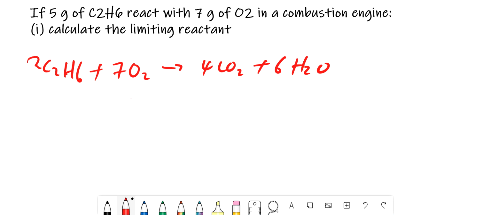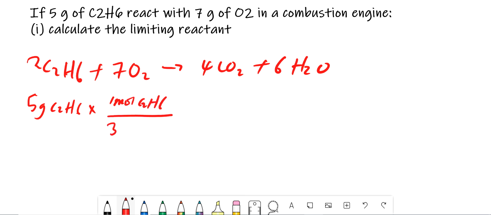In this case you have 5 grams of ethane, so convert first to moles. So 1 mole of ethane over the molar mass, which is 30.1 grams of ethane, multiplied by the mole ratio, which is 4 moles CO2.